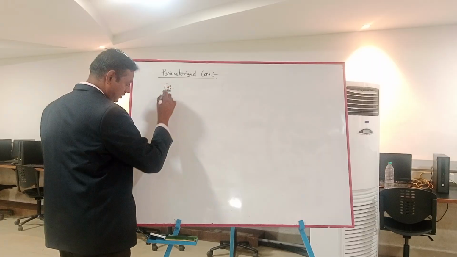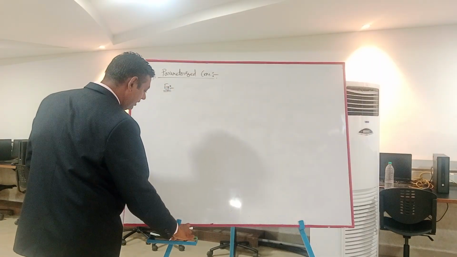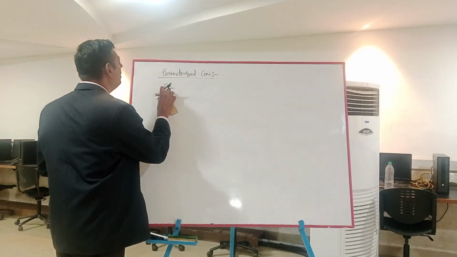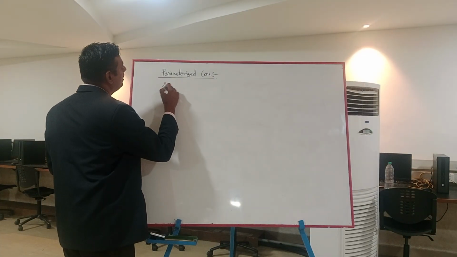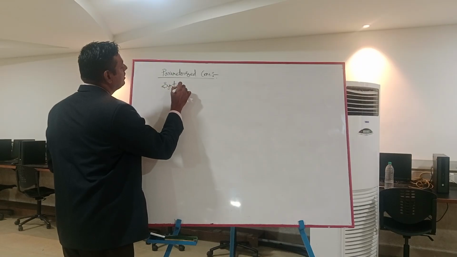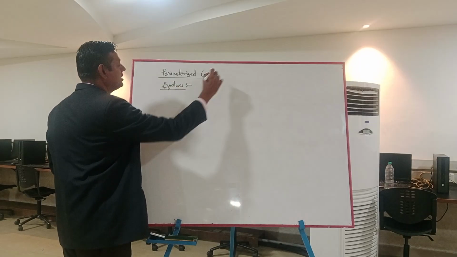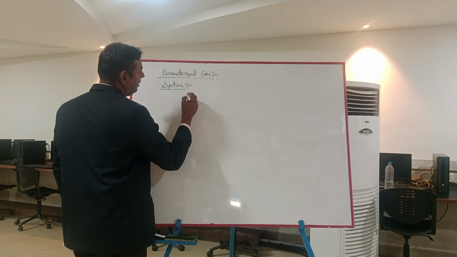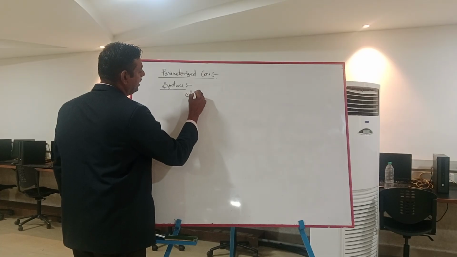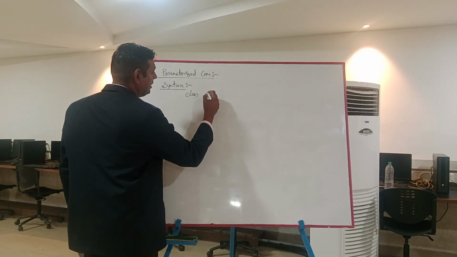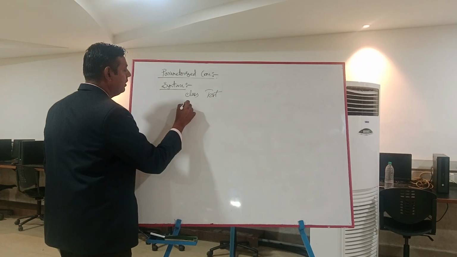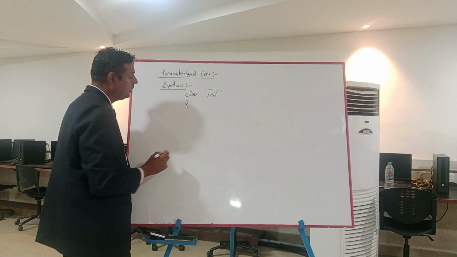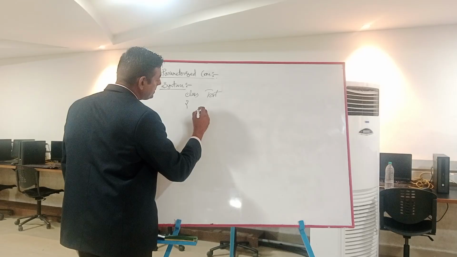First let us see the syntax, then we will go for the program. So, the syntax for a parameterized constructor. If I have a class, say test, I am going to write a parameterized constructor.